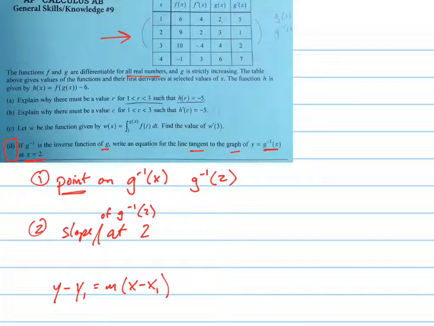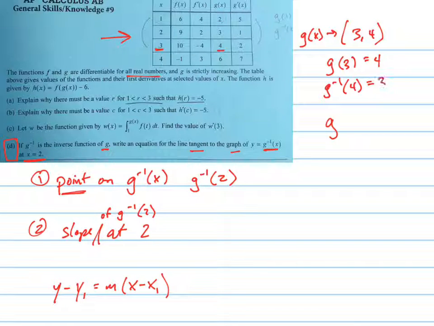If you remember the relationship of g, let's say that the point 3 comma 4 is a point on g of x, meaning g of 3 equals 4. Then g inverse of 4 would equal 3. You flip them around.